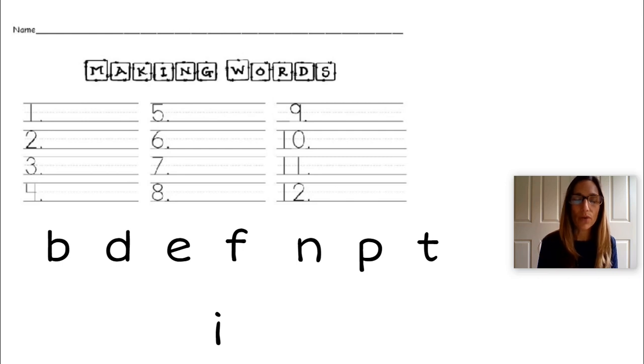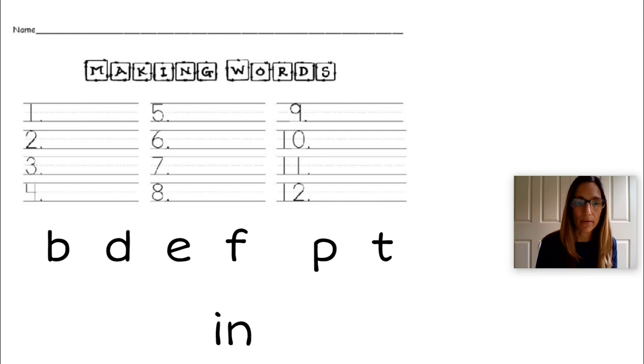So bring down the letter that makes the N sound. If you did that, you would have the word I, in. Right? And you can write that for number 1. Remember to pause the video as you need to write the words in so I don't go too fast.